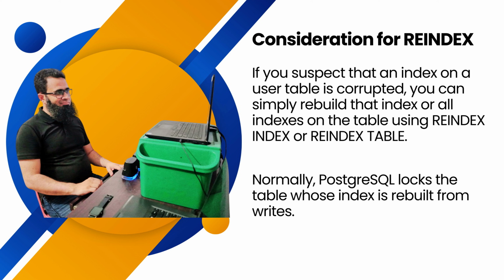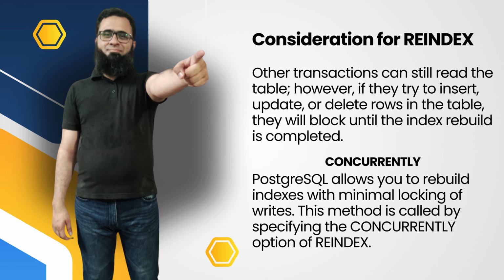Normally when we perform the reindex on a table, it will lock the table for write operations. If we perform the reindexing on a particular index or table, other users can still read the table. However, if they try to insert, update and delete rows in the tables, they will block until the index rebuild is completed.